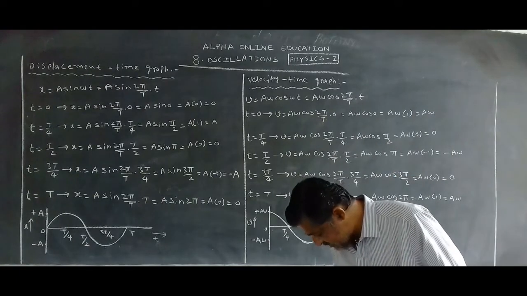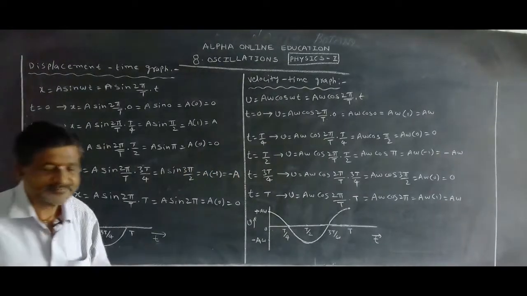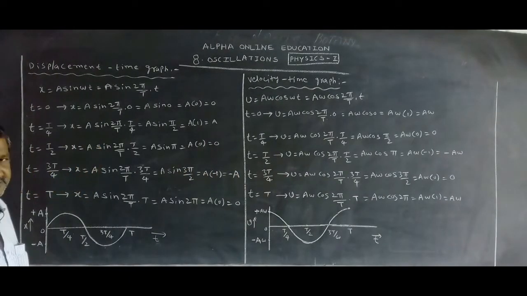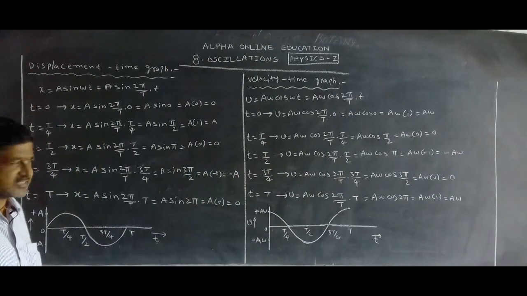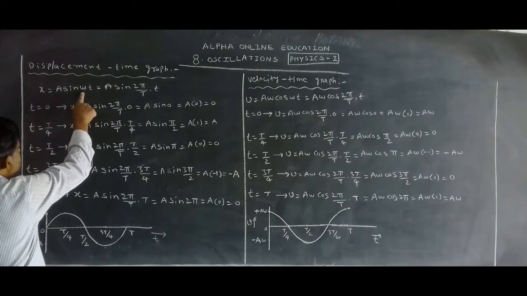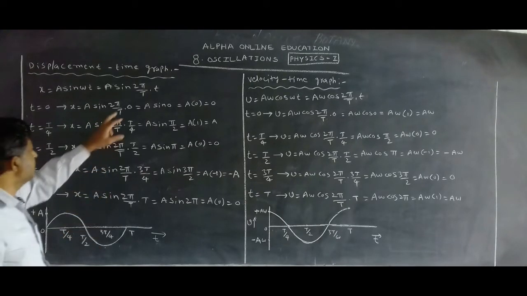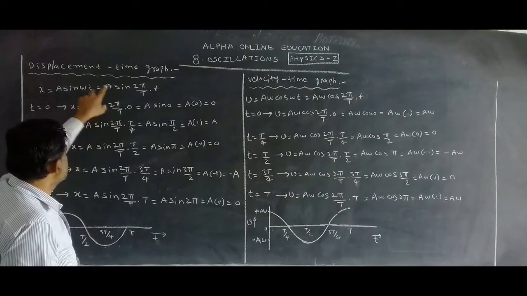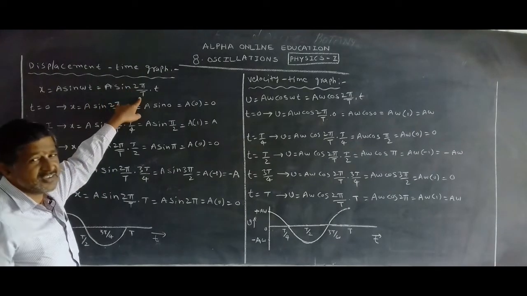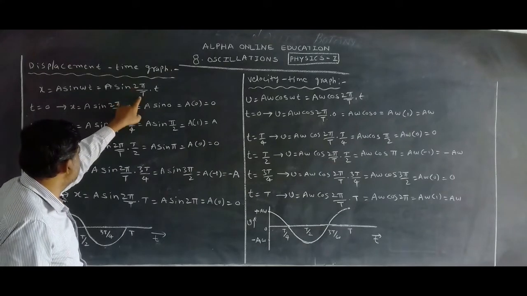Now first, see the displacement-time graph. We know that the displacement of the particle in SHM is x is equal to A sin omega t. What is omega? Angular velocity. How can we write that? Omega is 2 pi by T, as we took in the last class, 2 pi by T into t.